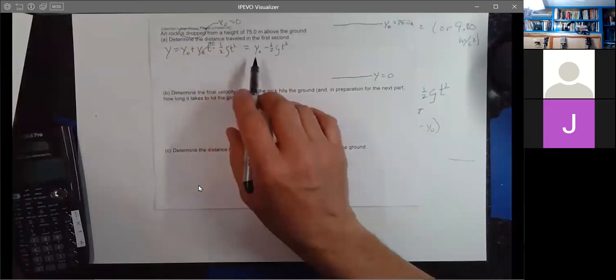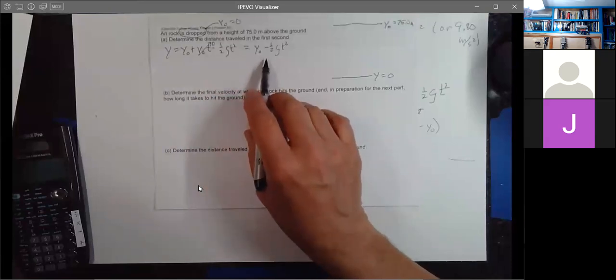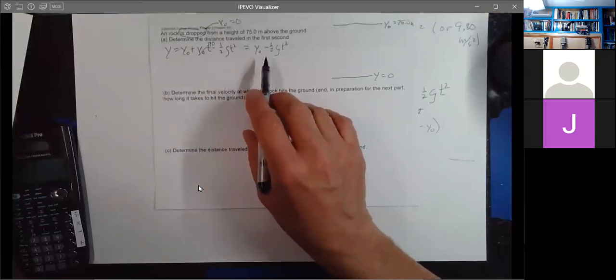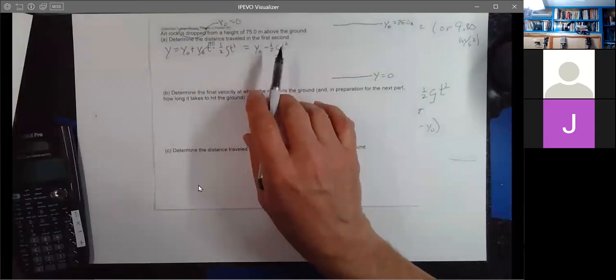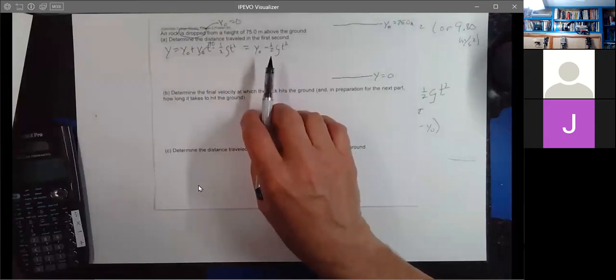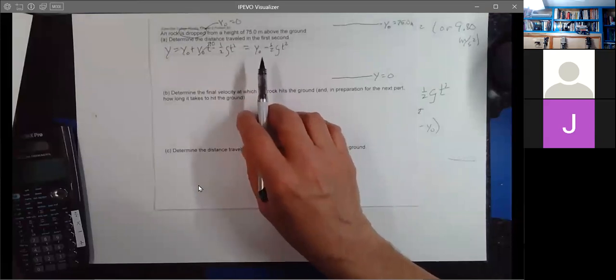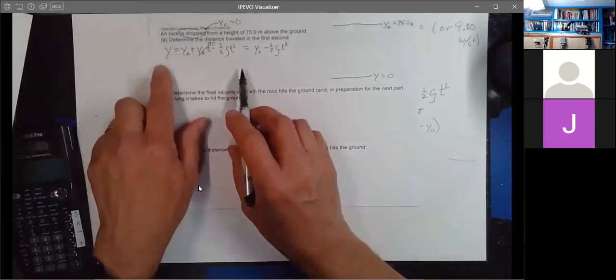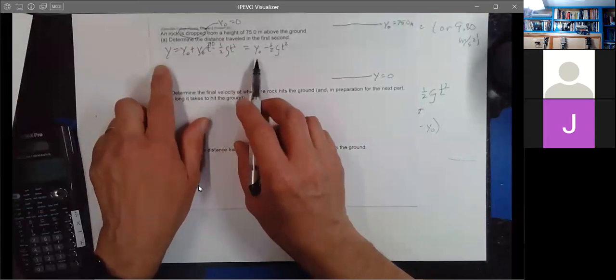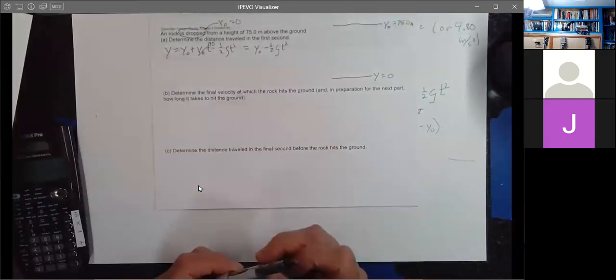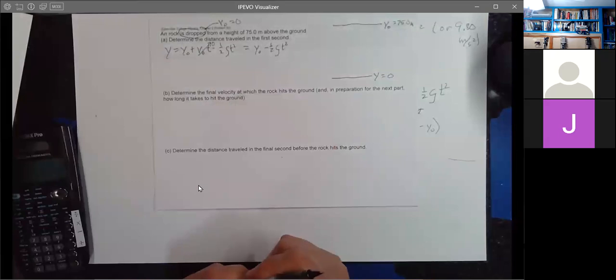The distance traveled in that first second. Well, this will tell me where it is after that first second, and yeah, actually, the distance traveled in the first second, trying to think, do I want to express it this way?